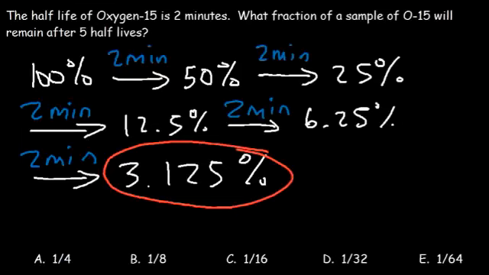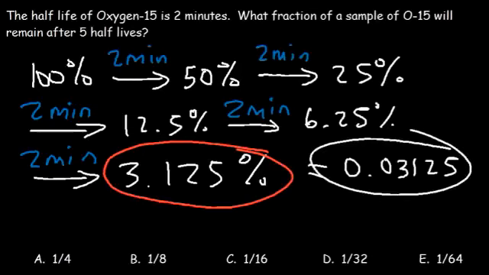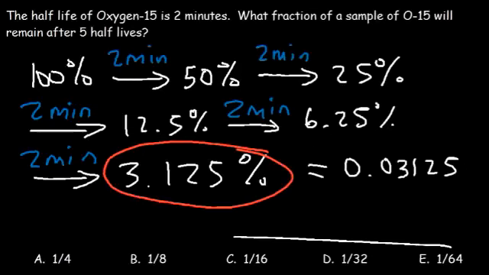Now, one thing that you could do is convert the percentage to a decimal. To convert a percentage to a decimal, divide by 100. Or you could simply move the decimal point 2 units to the left. So 3.125% is the same as 0.03125 as a decimal. Now, you can turn this decimal to a fraction, or you can convert each of these fractions into a decimal and see which one matches. 1 over 4.